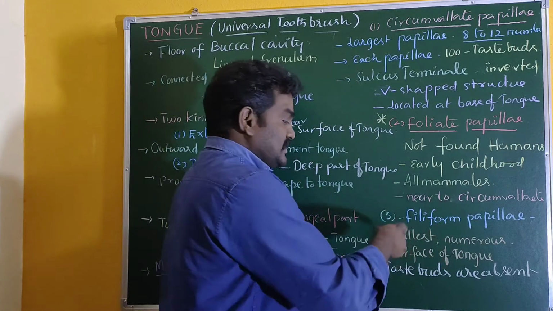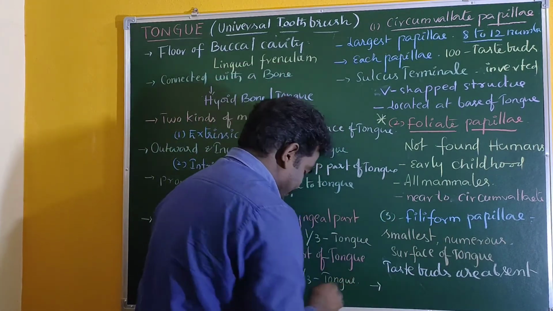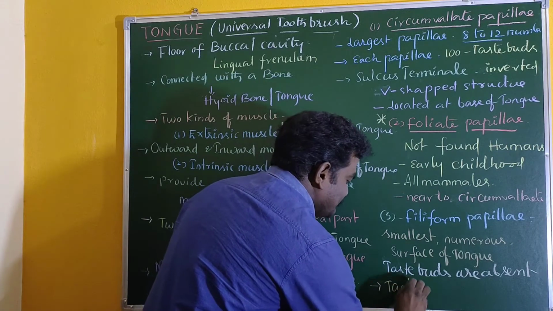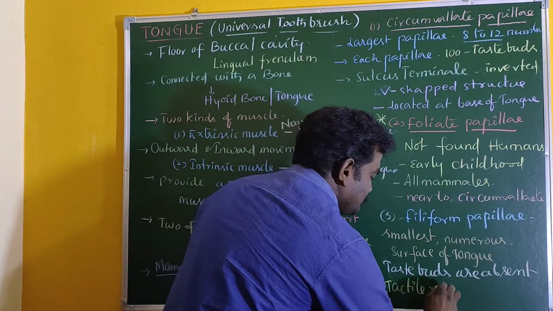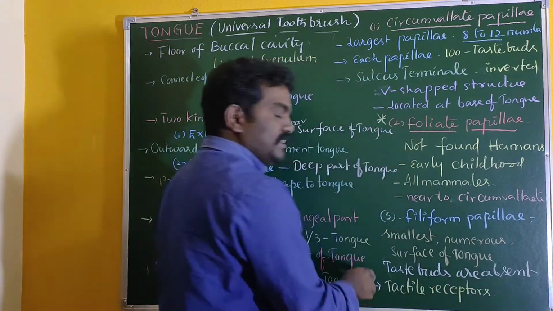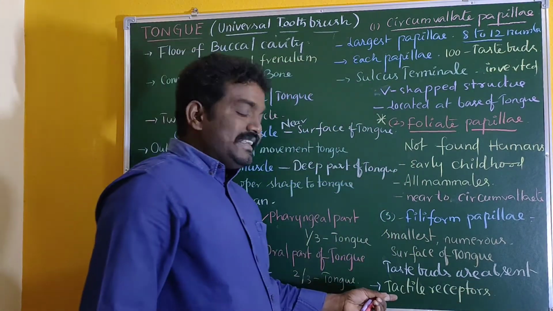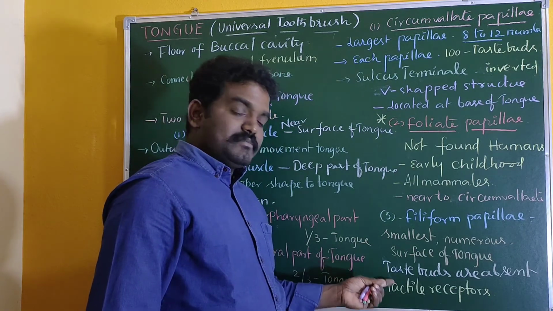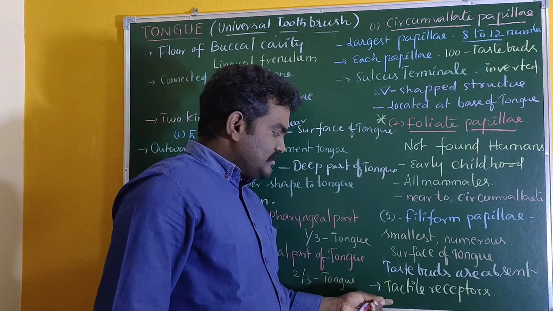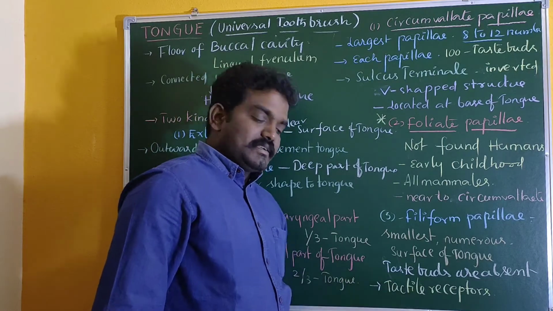Then what kind of structures do they have? They have an important structure that is called tactile receptors. Instead of taste buds, they bear tactile receptors.